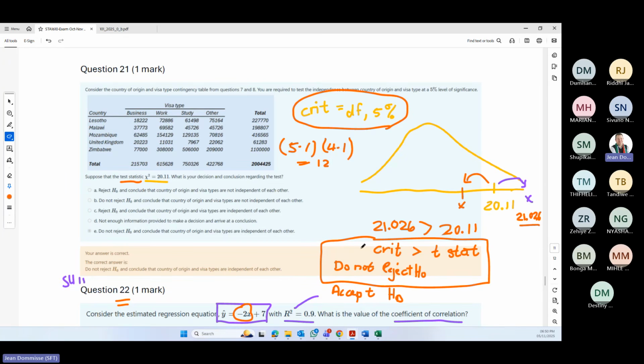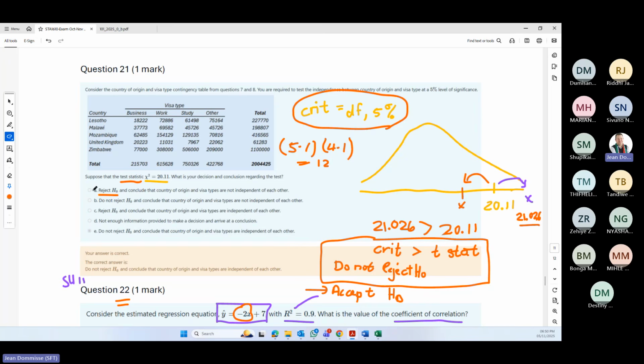Okay, I would normally just have said, well, critical value bigger than that, I accept the null hypothesis. That's how my mind is framed. So I would have first looked at accept null hypothesis, and accept means I do not reject.